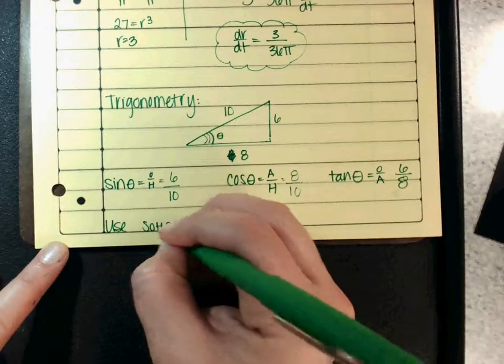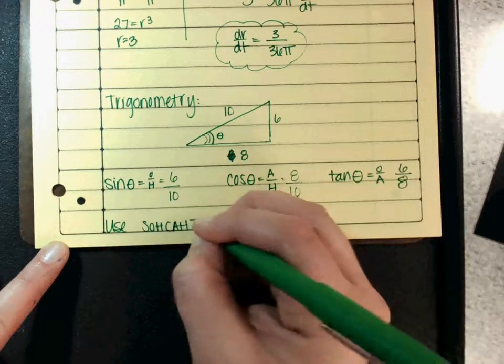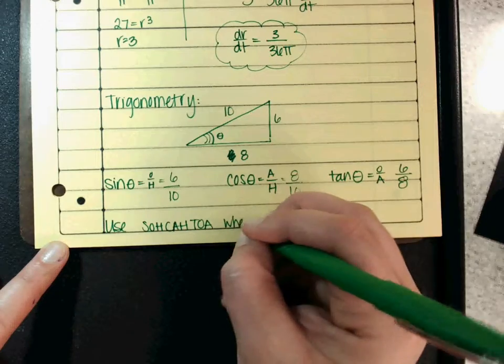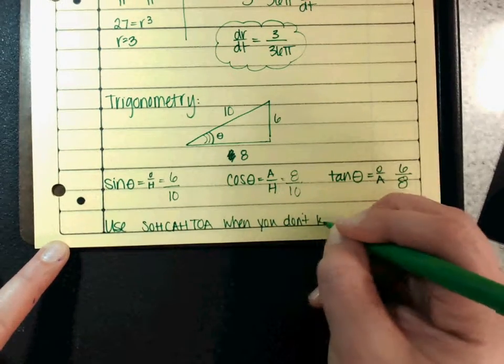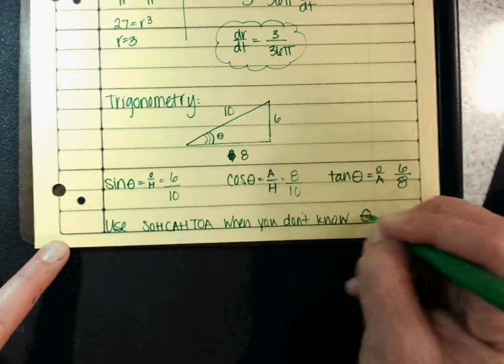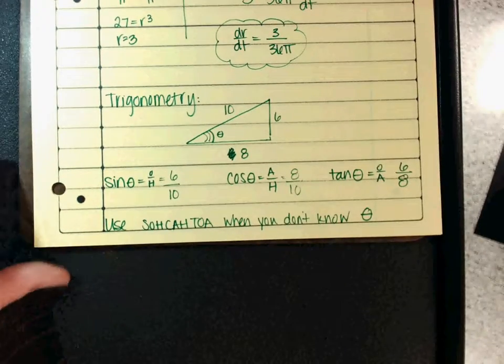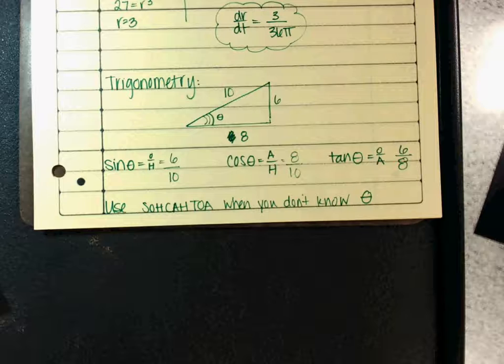Now, you are going to use SOHCAHTOA when you don't know theta. Okay, now let me explain what I mean by that. If I knew theta, I'd just find the sine, say theta is pi halves. I'd just find the sine of pi halves and I'd be done, right?